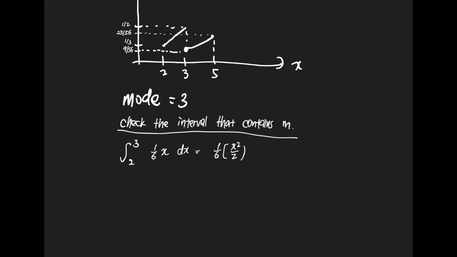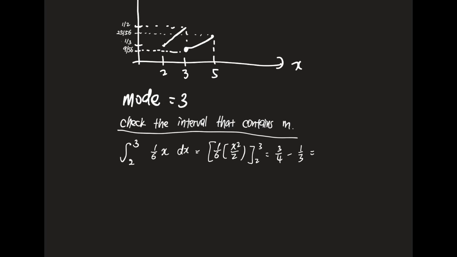Two to 3. Substitute 3, 9 over 12, 3 over 4. Substitute 2, 4 over 12, 1 over 3. 3 over 4 minus 1 over 3. Okay, so the area that I get is 5 over 12.